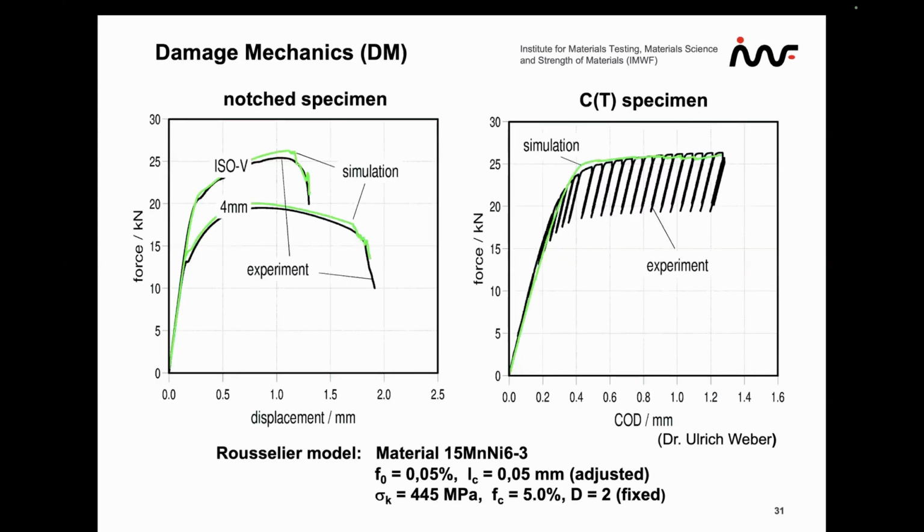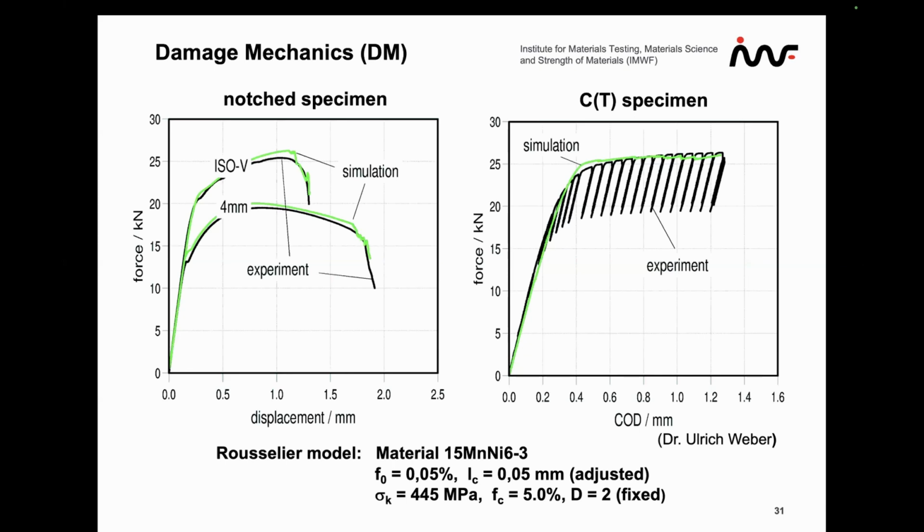If you look at damage mechanical specimens with differently sharp notch specimens, then you can see that the comparison with experiment and simulation looks quite good. Also, the CT specimen is working quite well in comparison.